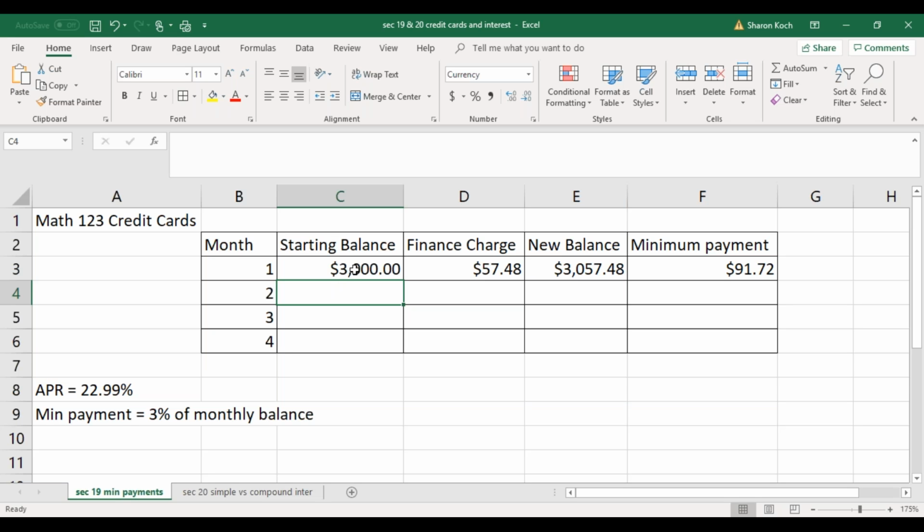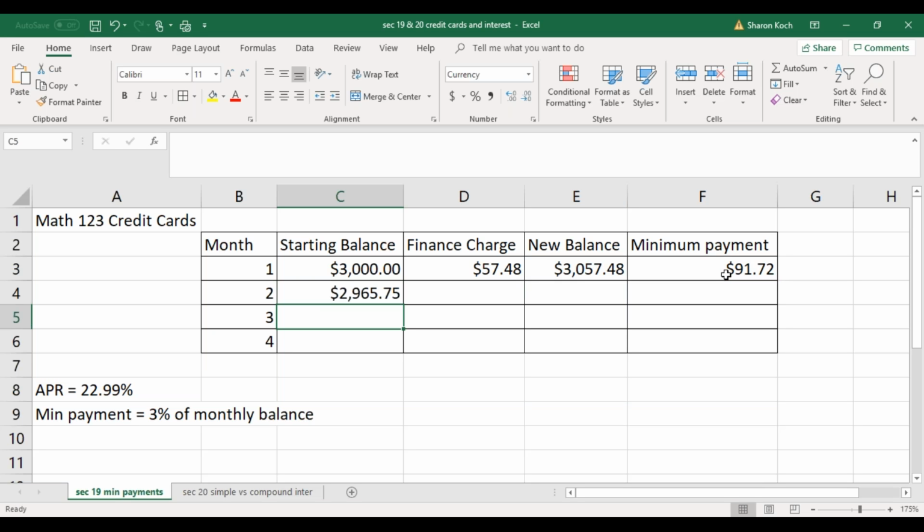They go, oh, well, the balance was 3,000. Here's the payment. I'm going to subtract these two. Oops, wrong. Remember, because you're forgetting all about that finance charge that the credit card company wants. So start with an equal sign. Take the new balance in that month before, which is in cell E3. We're going to subtract that minimum payment. And then there's my new carryover balance.